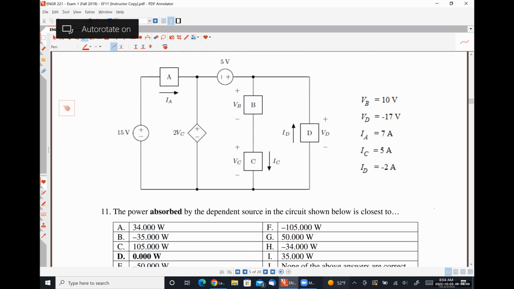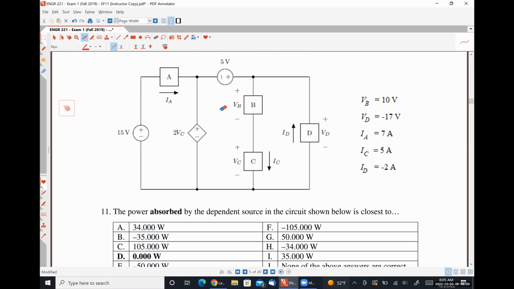We want the power absorbed by the dependent source. So the dependent source is this guy right here, obviously. It has a voltage of 2 VC across it and some current that we don't know flowing through it.